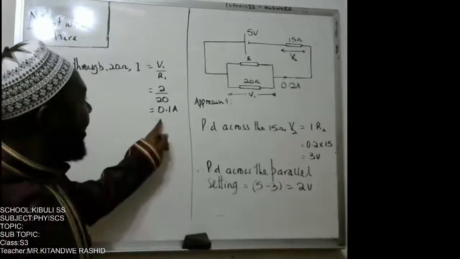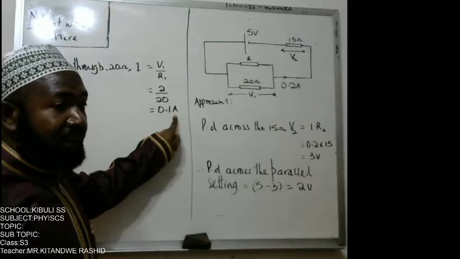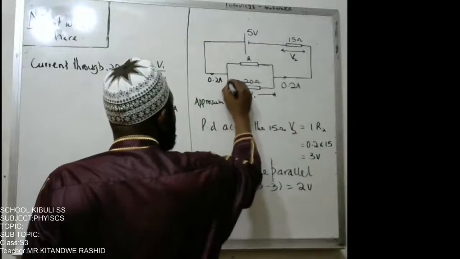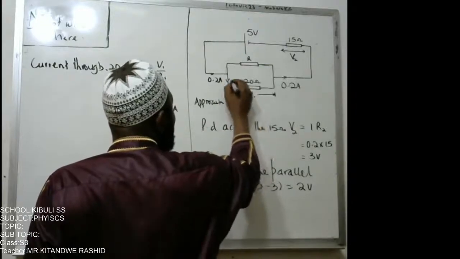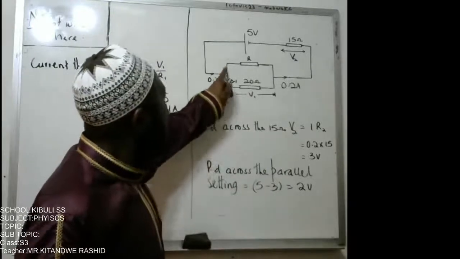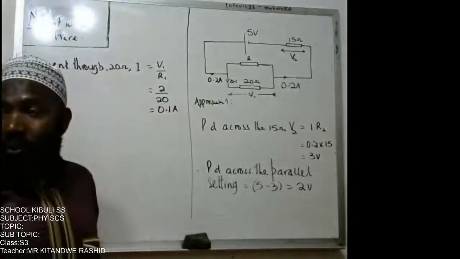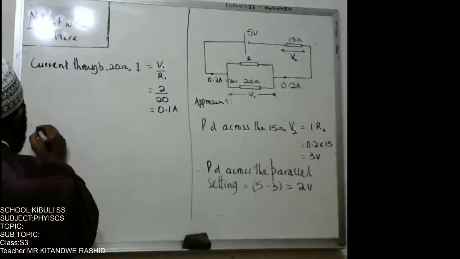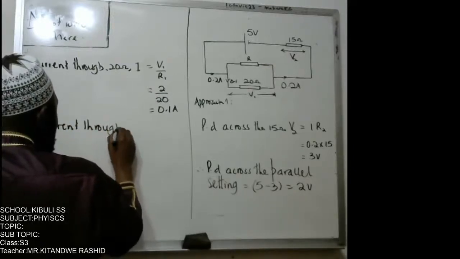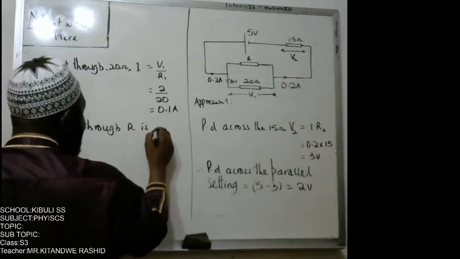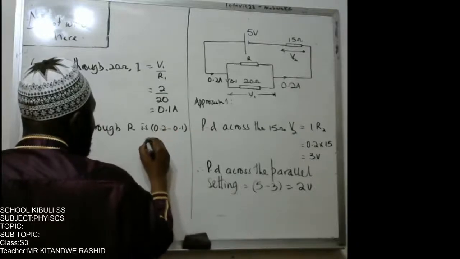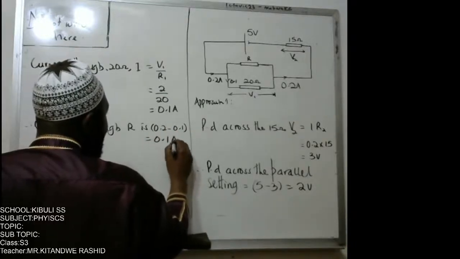So if you have now got the current across the 20, you remember this current here was coming like this. It's subdivided, with 0.1 going through the 20. Are you getting that? So what do you think is the one going through R? 0.1. Therefore, the current through R is 0.2 minus 0.1, which gives 0.1 ampere.